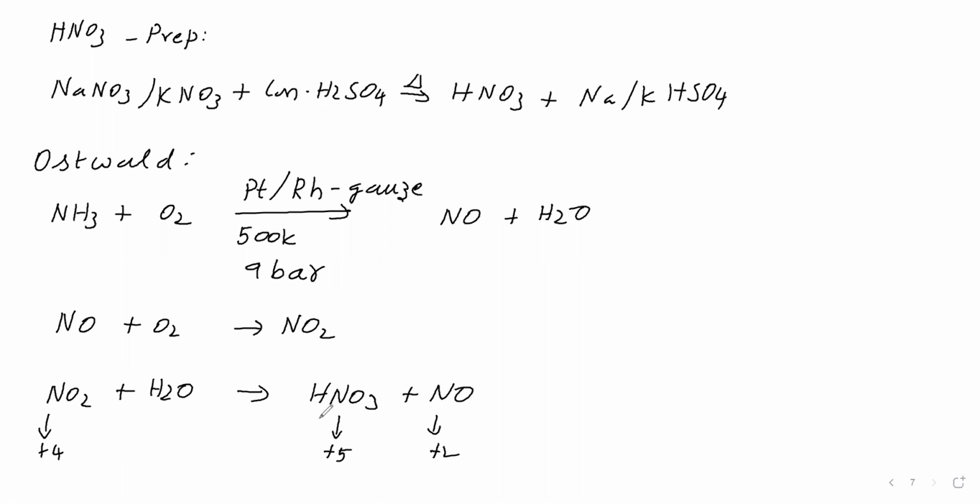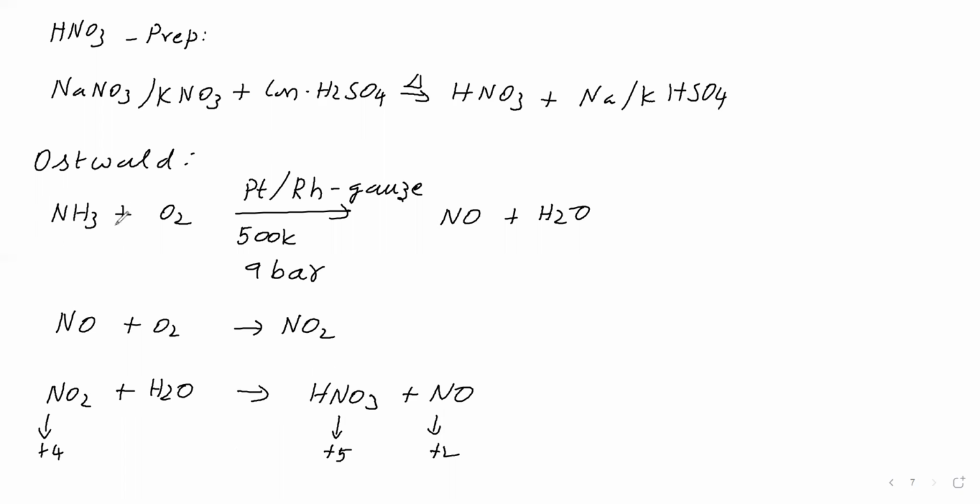So +4 into +5 is oxidation, +4 into +2 is reduction, so we can say this is a disproportionation reaction. This method is called the Ostwald method, in which we prepare nitric acid by taking ammonia and oxygen.